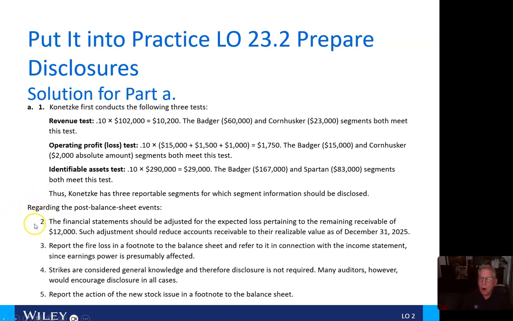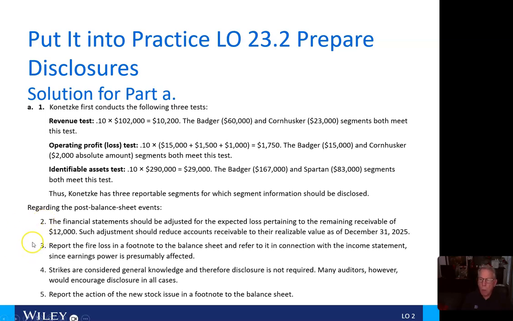Now, regarding the post-balance sheet events, number 2, the financial statement should be adjusted for the expected loss pertaining to the remaining receivable of $12,000. Such adjustment should reduce accounts receivable to their realizable value as of December 31, 2025.